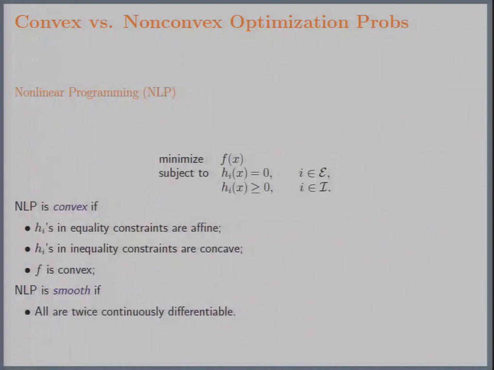If it's equality, they have to be linear. If you have inequalities, and we write them as greater or equal to's, the functions h sub i's have to be concave functions. And if we're minimizing, the function f has to be convex. So it's a convex nonlinear programming problem if you have these conditions. And we'll call it smooth if all the functions that we see are twice continuously differentiable.